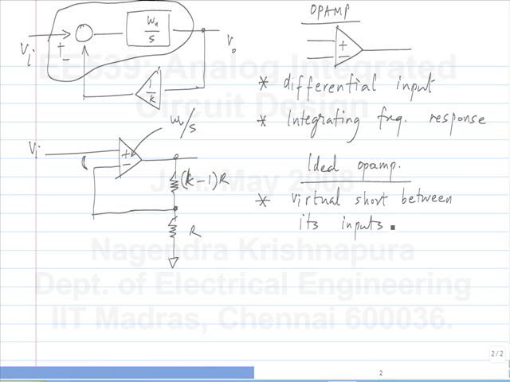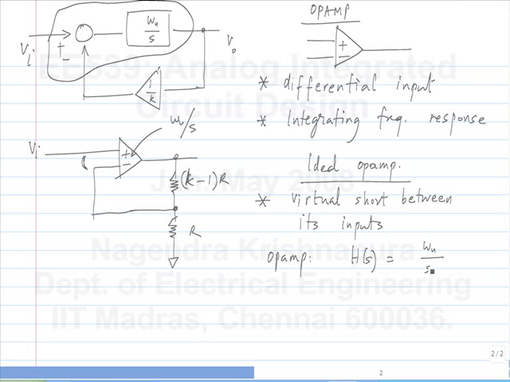Now, when we want to do a little more detailed analysis, at the next level we assume an op-amp which has a transfer function of omega u by s. So at DC the gain is infinity.